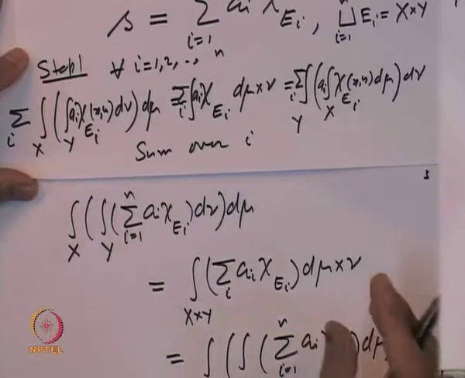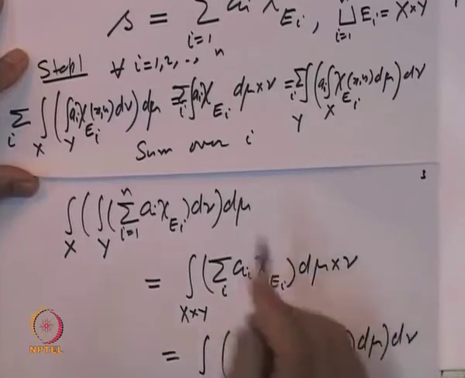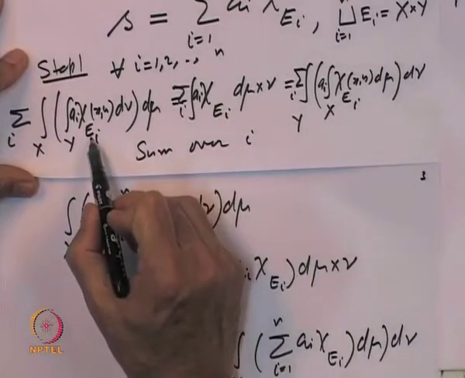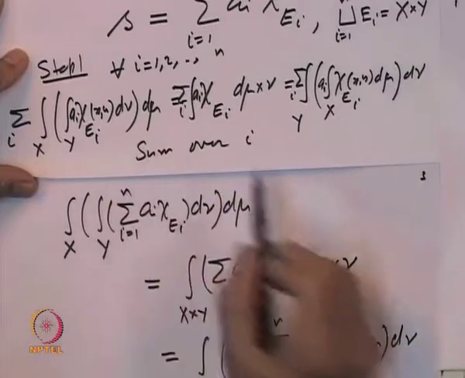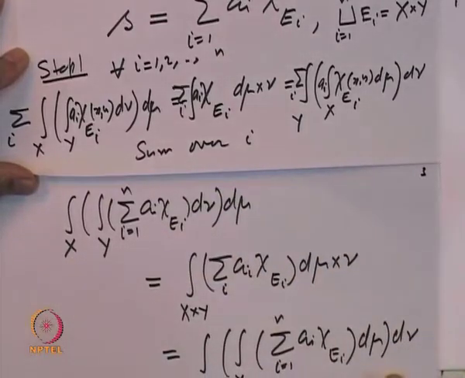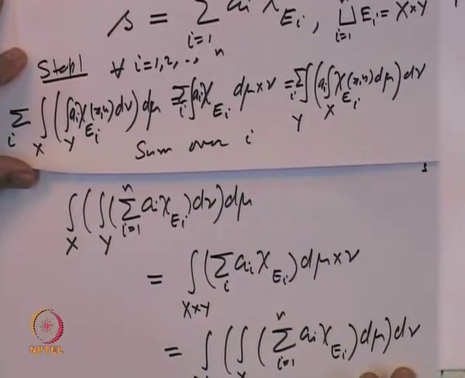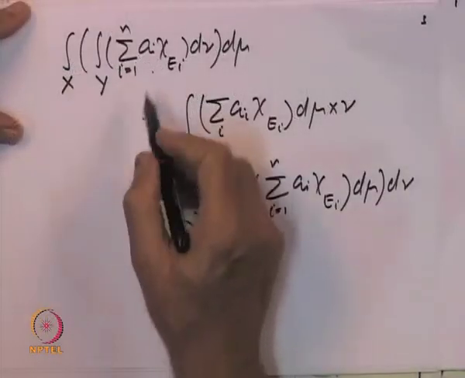So, this is just using the property that for every indicator function of a set the result is true and integration is linear. So, the result is true for finite linear combinations of these also. And this is precisely my function S.